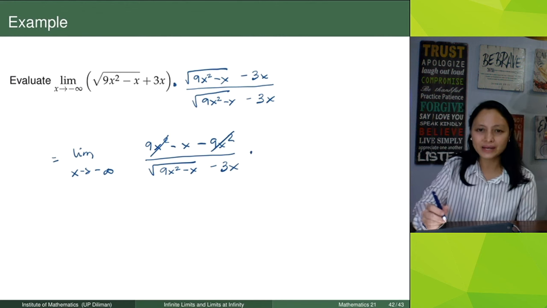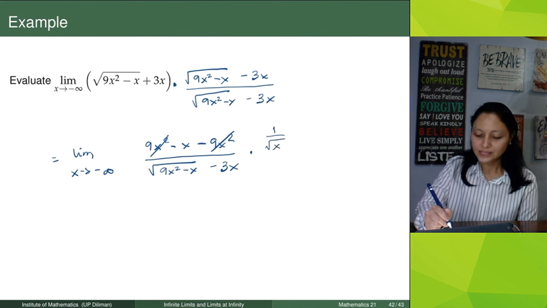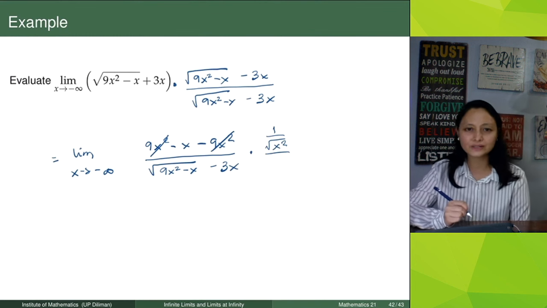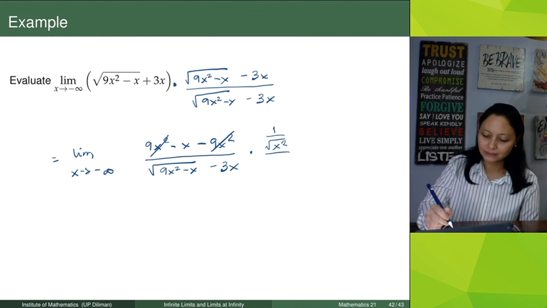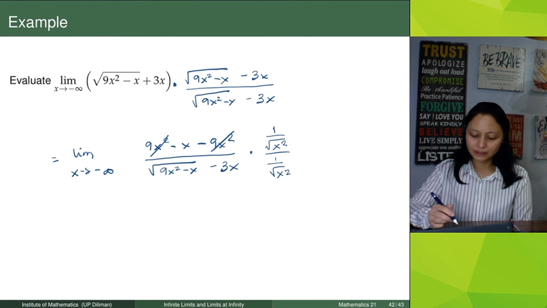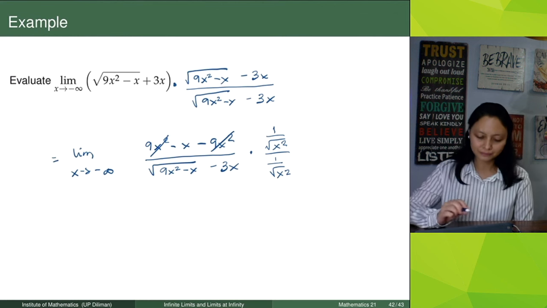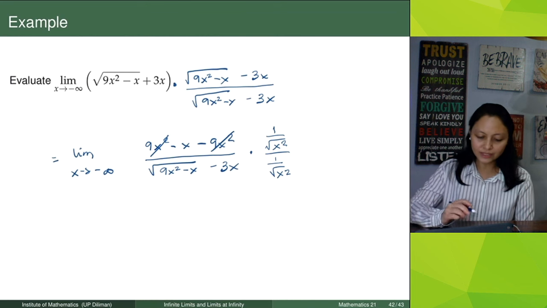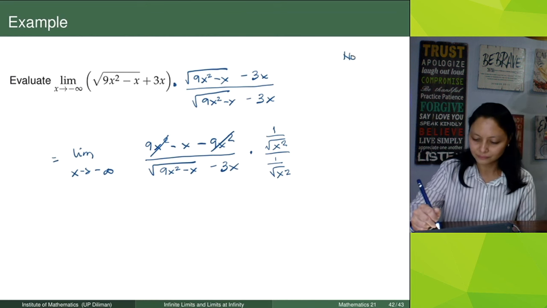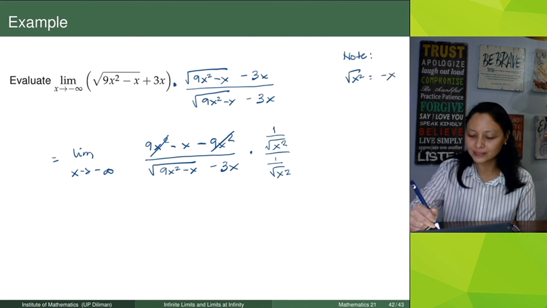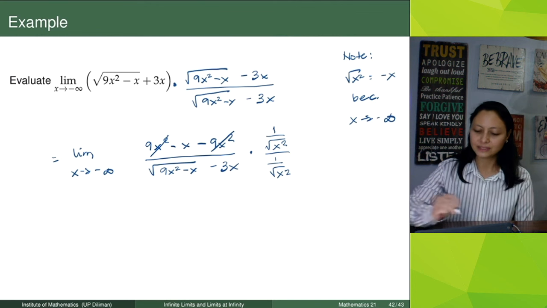We can multiply by 1 over the highest exponent in the denominator, which is x, or the square root of x squared: 1 over the square root of x squared. But since x is approaching negative infinity, the square root of x squared is equal to negative x.